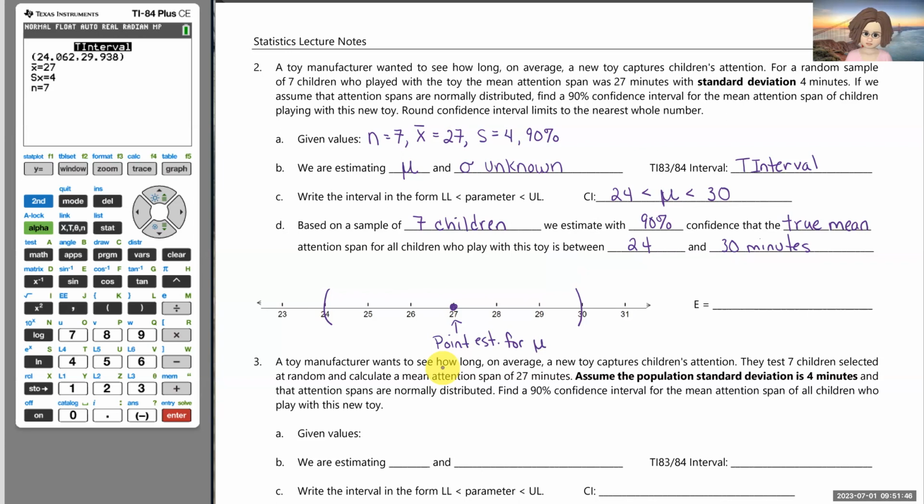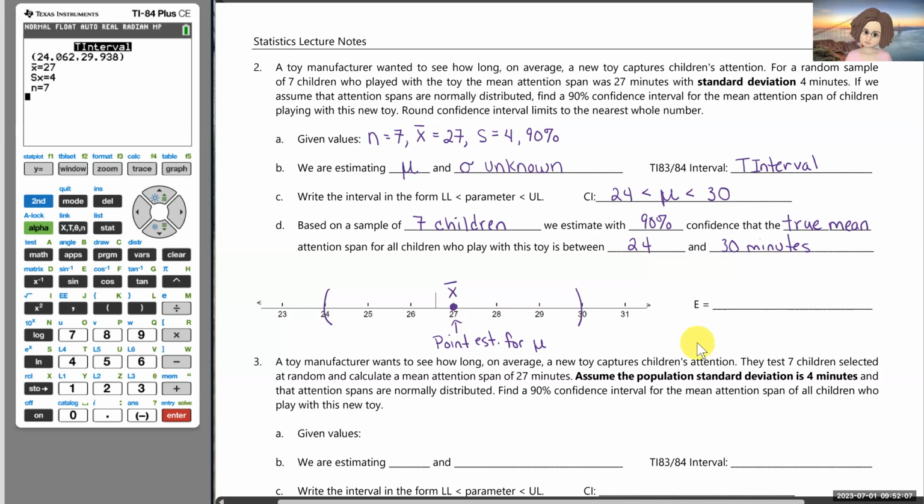So X bar is our best point estimate for mu. And then I'd like to put down the margin of error in this confidence interval. So they believe that the mean best point estimate is 27, and then plus or minus.